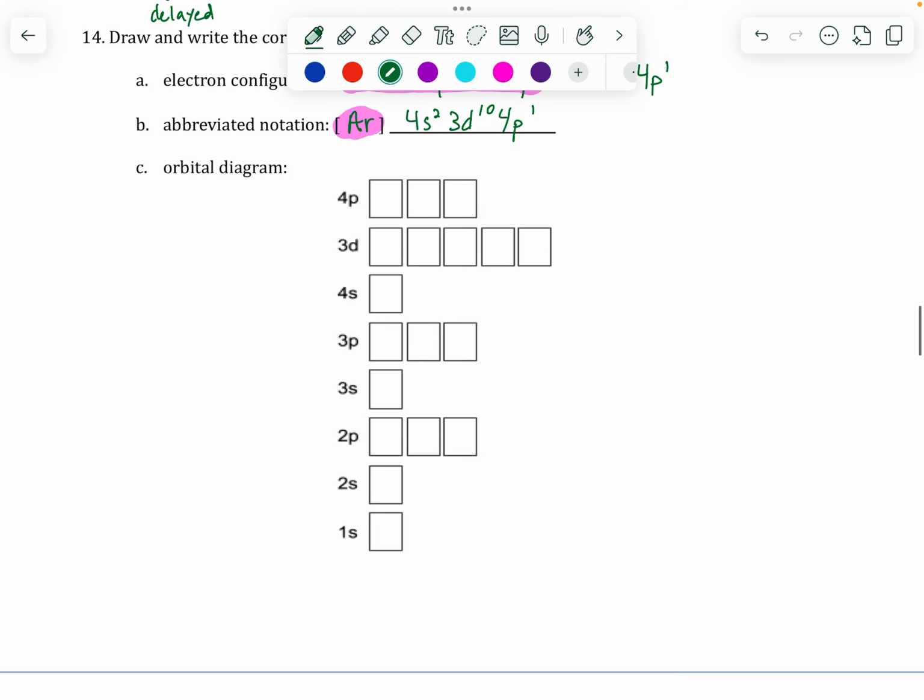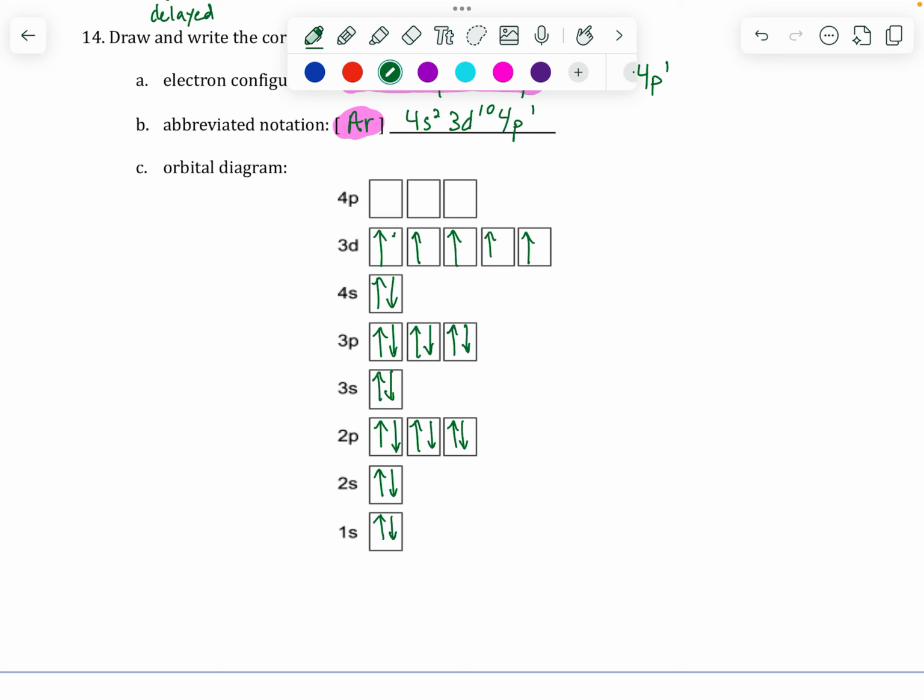How do we enter this? Well, we have to make sure that we have our electrons in each orbital paired up only when we need to, one up and one down. And then we'll end up getting, of course, to 4p.